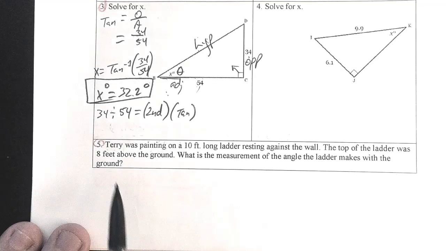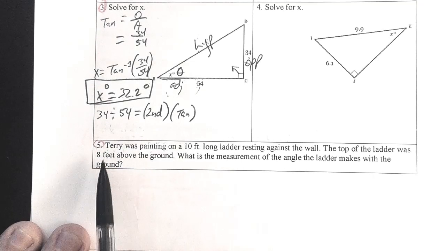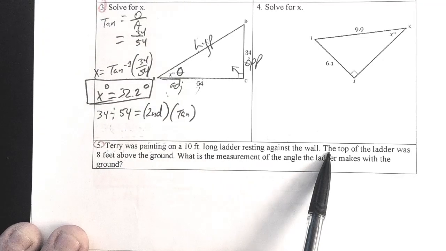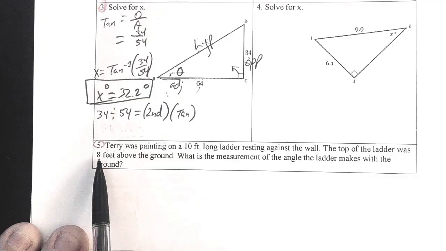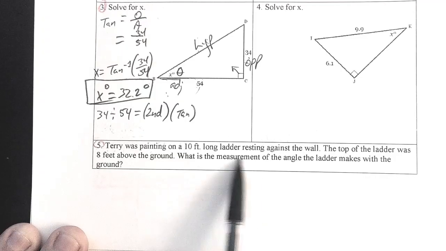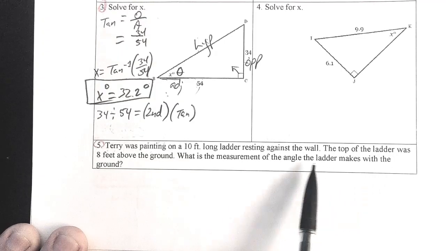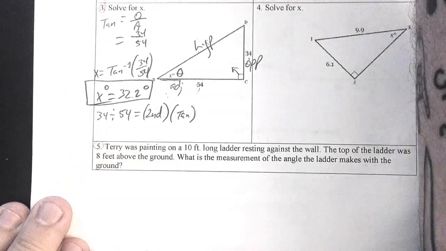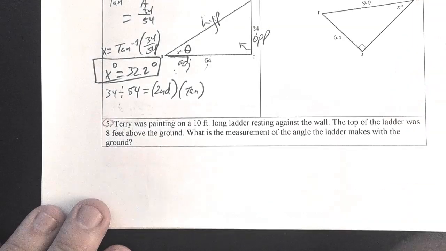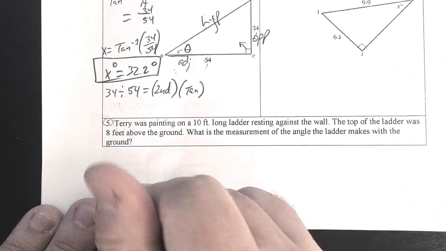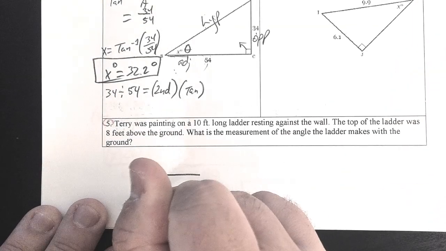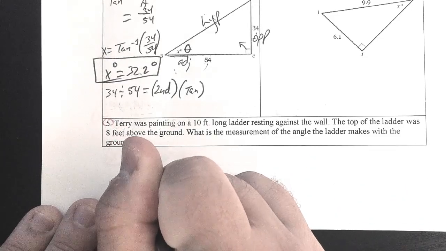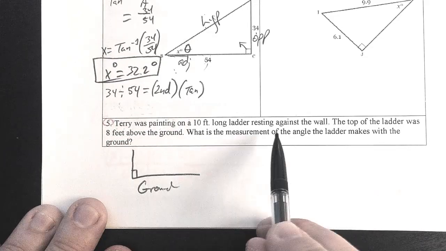With that, I'm going to finish up. So, number 5. Terry's painting on a 10-foot long ladder resting against the wall. The top of the ladder is 8 feet above the ground. What is the measurement of the angle the ladder makes with the ground? So this is like the inverse of the question in the last section. We have the ground, and it's 90 degrees with the wall.